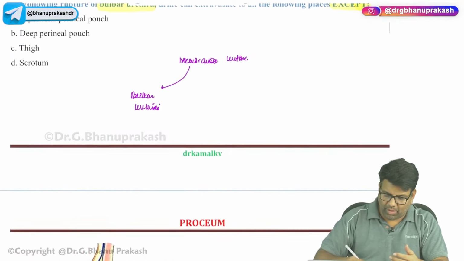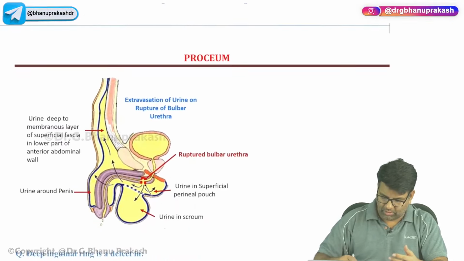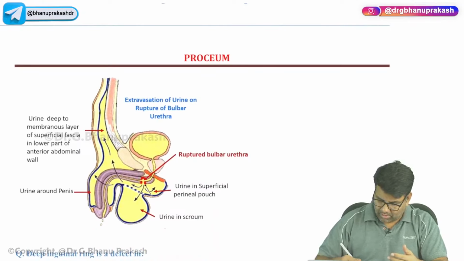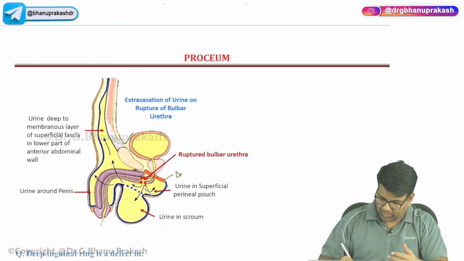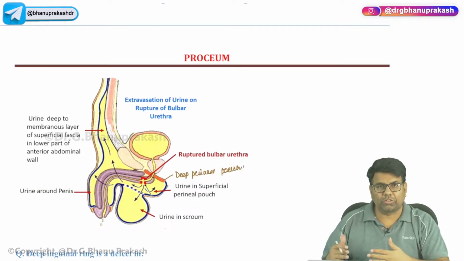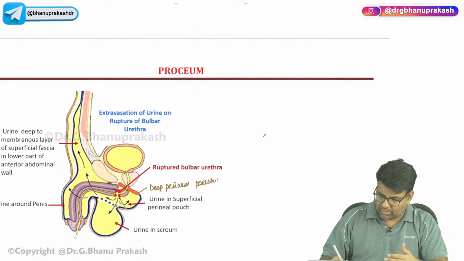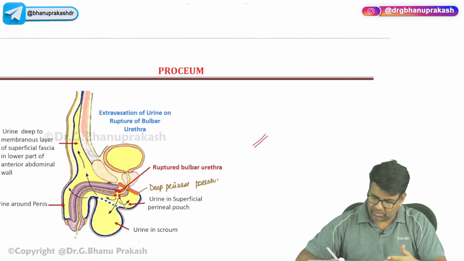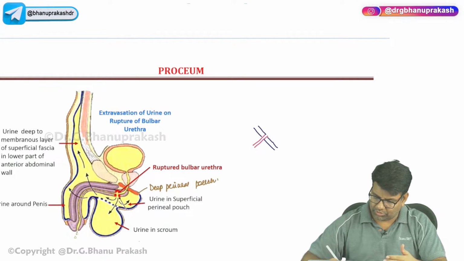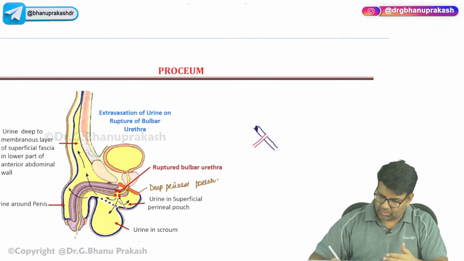Now the membranous urethra, if you look in the image, this red part is the deep perineal pouch, and the membranous urethra is actually passing through the deep perineal pouch. So if I draw like this, if this is the membranous urethra, then this is the deep perineal pouch.